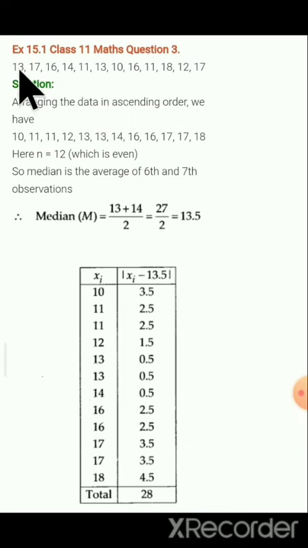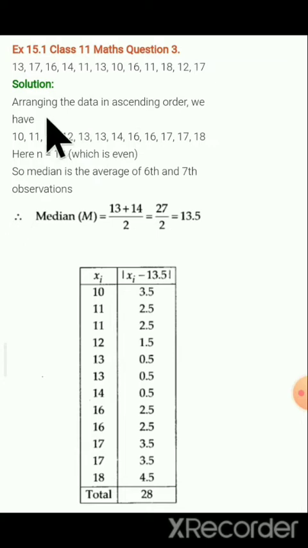Given observations are 13, 17, 16, 14, 11, 13, 10, 16, 11, 18, 12, 17. So here we have to find out the value of mean deviation about median for the questions 3 and 4.